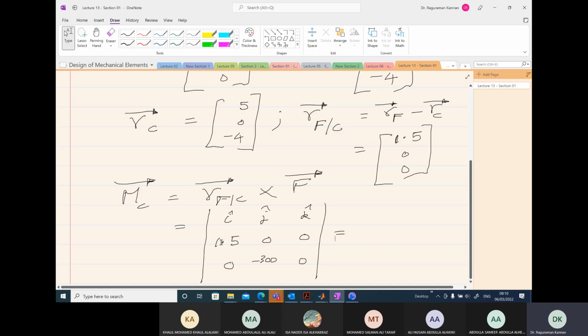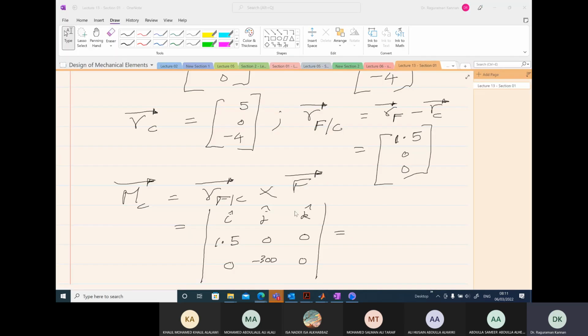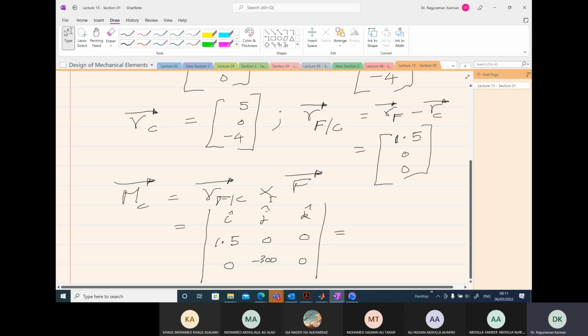So we can eliminate the first column and the second row. Let's see, what do we get? Clearly it has to be with respect to the z-axis. So it is better to eliminate the second column and the last row. If you do that, we get 0, 1.5k, and we have to use the expansion.